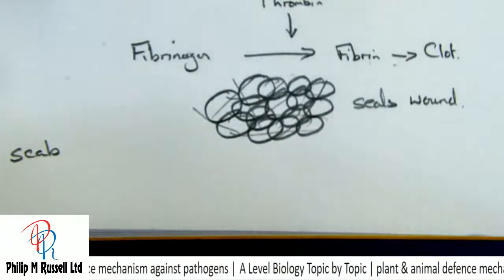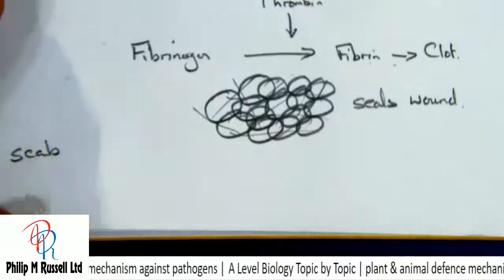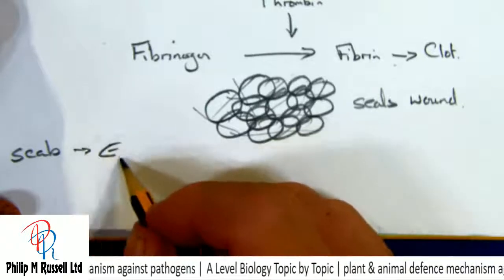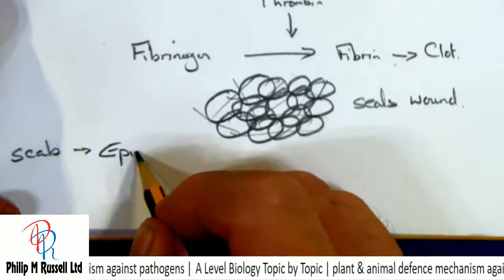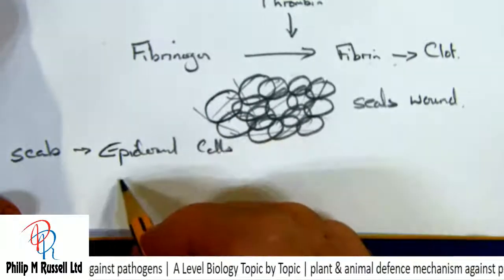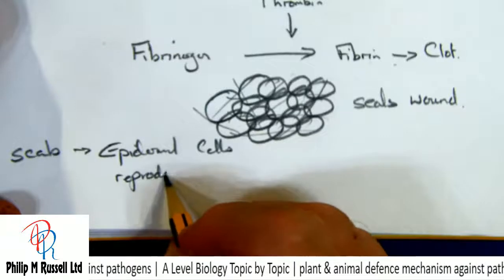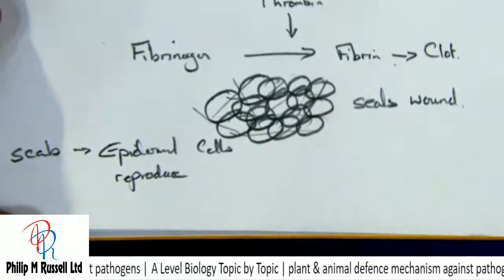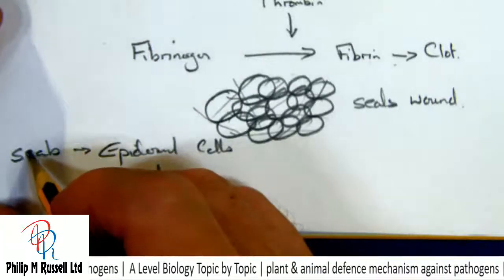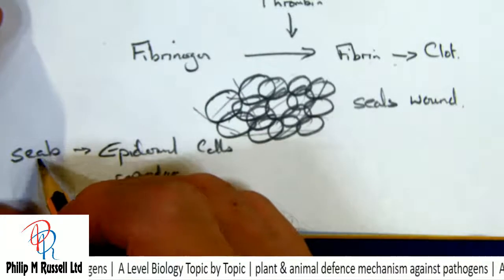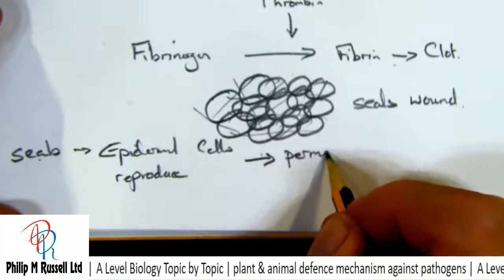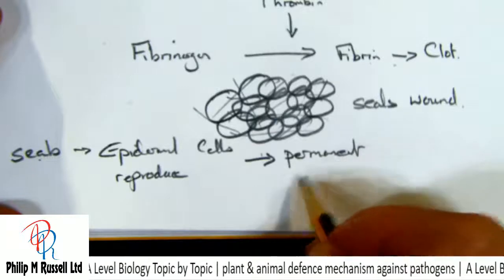Once we've got that, underneath, the epidermal cells are going to reproduce, and that is in fact going to take this temporary seal and give us a permanent seal.